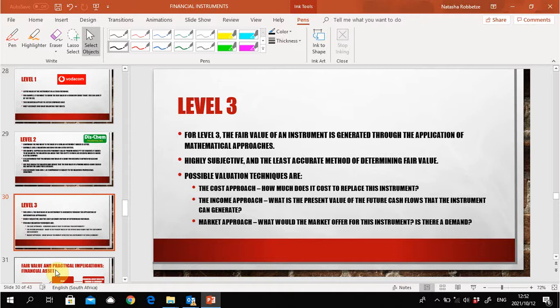Whereas people who dislike you might say, oh no, we'll never invest in this company. So it's very difficult to find an objective market valuation if it's a small business that not a lot of people know about. But these are the 3 levels, level 1, 2, and 3, and that is how fair value can be determined.